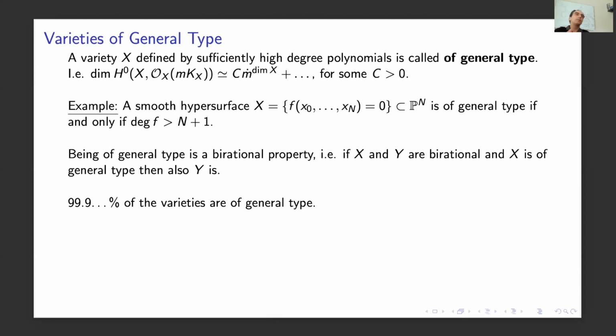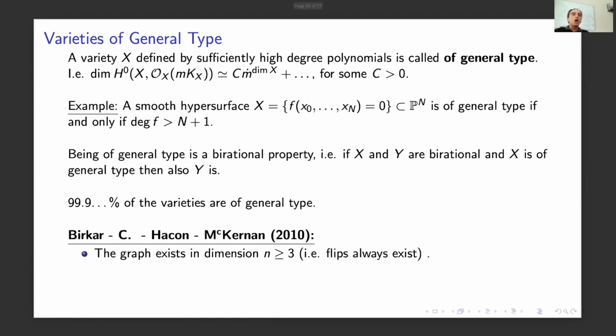But although I use the word particular, really most of the varieties are of general type. If you think about curves, being of general type means being hyperbolic. So we saw before that most curves are hyperbolic. So if you take a random variety and want to bet whether it's of general type or not, you can surely bet all your money, because if it's really random, then for sure it's going to be of general type.